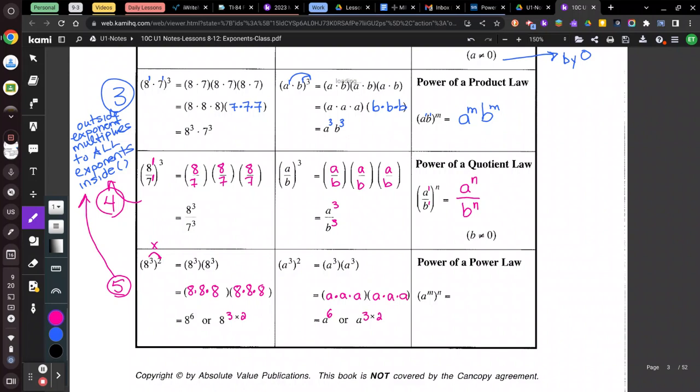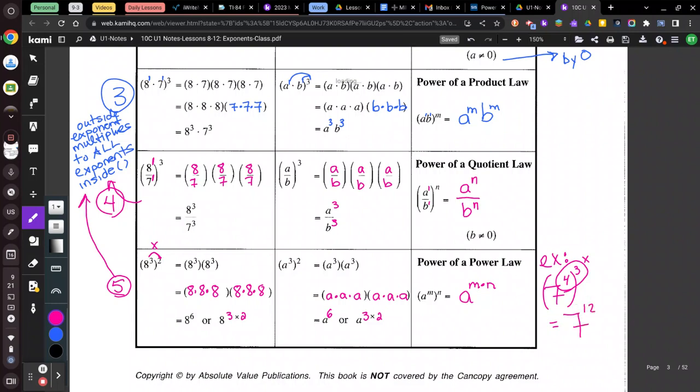So our generic statement we're going to say is A to the M times N. Okay, A to the M times N. So if I've got the number 7 to the 4th power, all cubed, you're going to take those two and multiply them. And that's going to remove the brackets. So I'm going to get 7 to the 12th power.